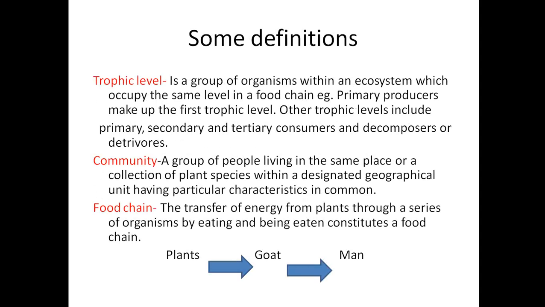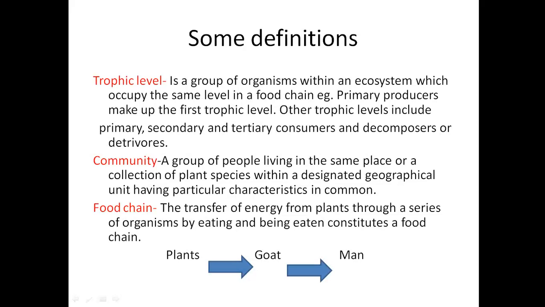Now, as we go further with the study of the ecosystems, there are some definitions which may come in your exams, and these are some definitions that you should know. One definition is trophic level. What is trophic level? Trophic level is a group of organisms within an ecosystem which occupy the same level in a food chain.